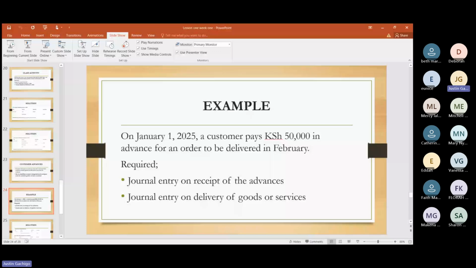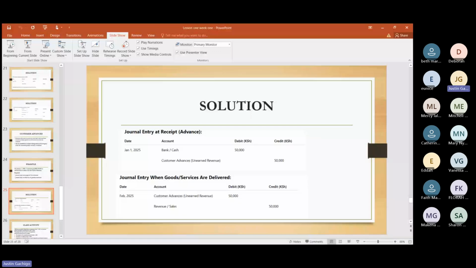And now this is the solution here. Debit bank or cash, 50,000. Credit customer advance, that is an unearned revenue, 50,000. Then when the goods are delivered, you need to debit customer advance, then you credit the revenue.